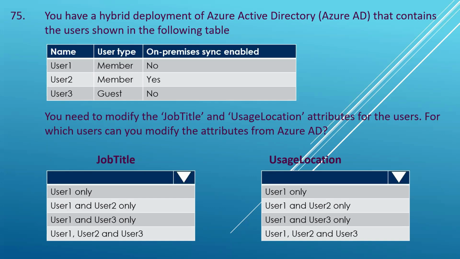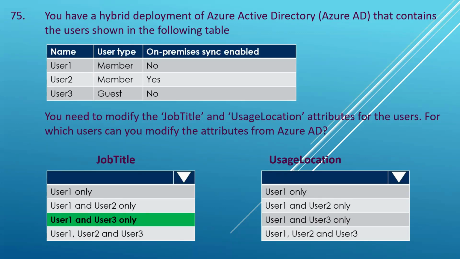I was putting emphasis on the on-prem sync enabled attribute being true for user 2 because you must use Windows Server Active Directory to update the identity, contact info, or job info for users whose source of authority is Windows Server Active Directory. In this case, user 2 has on-premise sync enabled, so you can't update its job title from Azure AD. That means the correct answer here is user 1 and user 3 only.